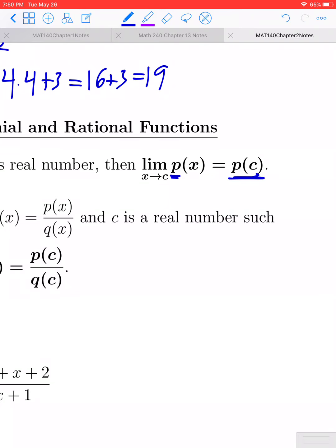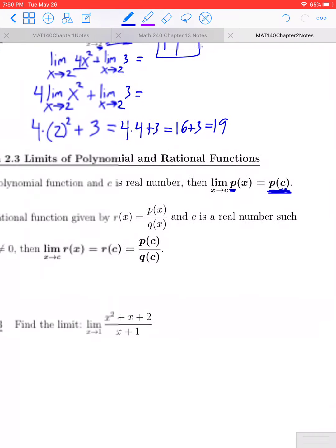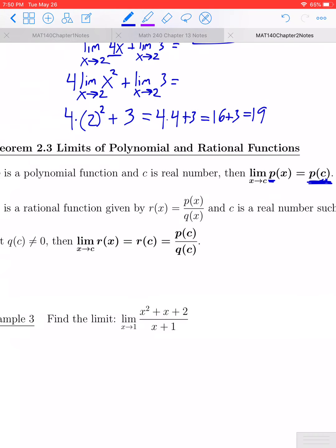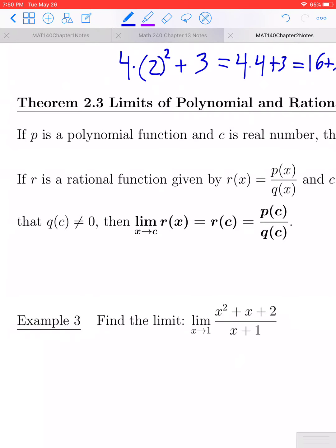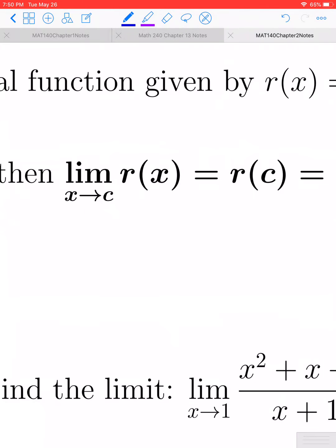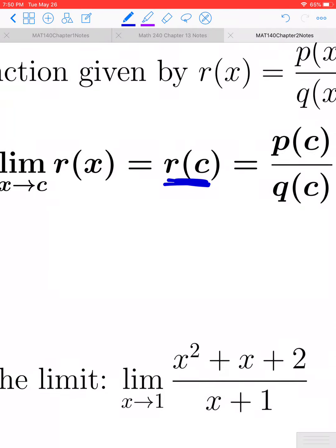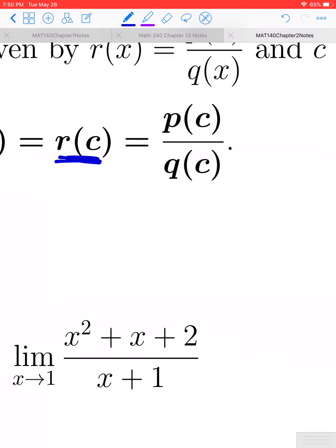Everywhere you see an x, put a c, and that function evaluation will give you the value of the limit. Similarly, if we have a rational function where the denominator is non-zero at x equals c, then the limit as x approaches c of r of x can be found by simply evaluating the function r at c. So everywhere you see an x, put a c, and that would be the value of the limit.